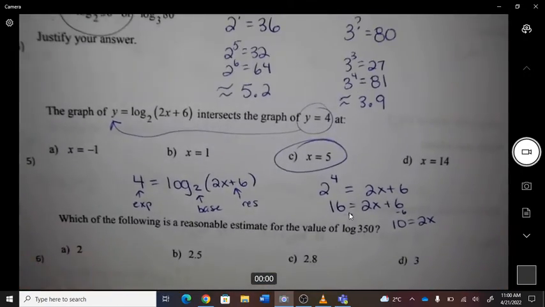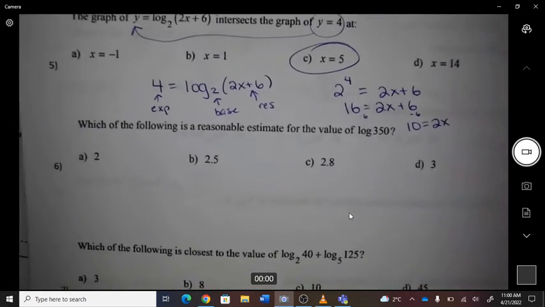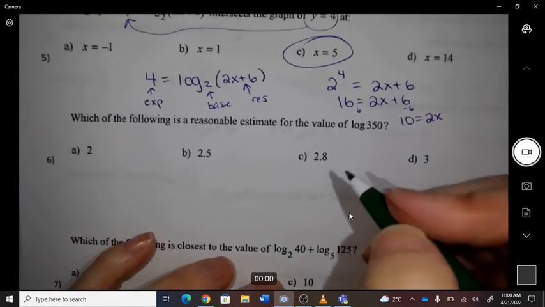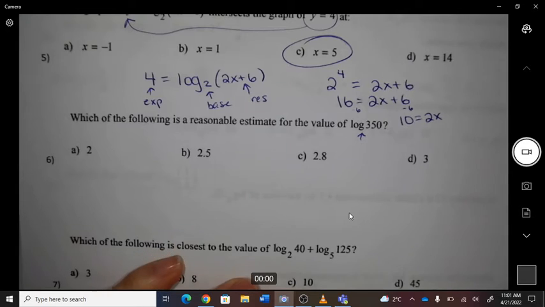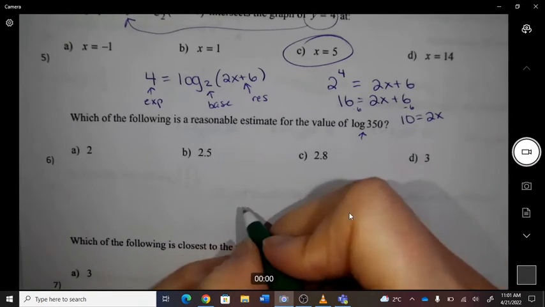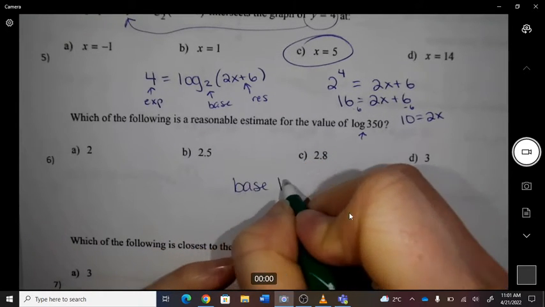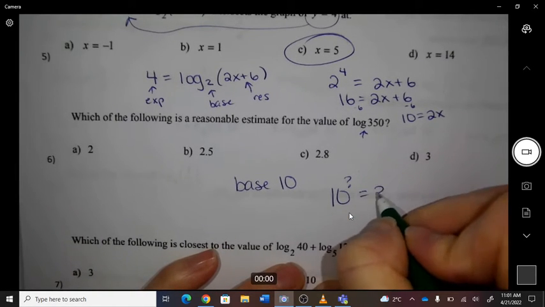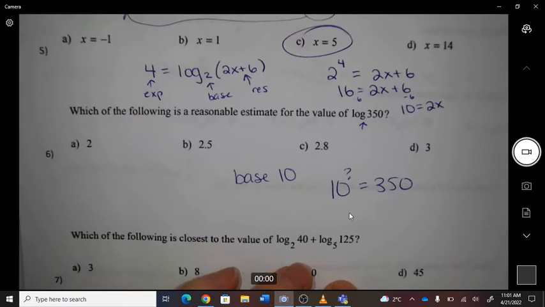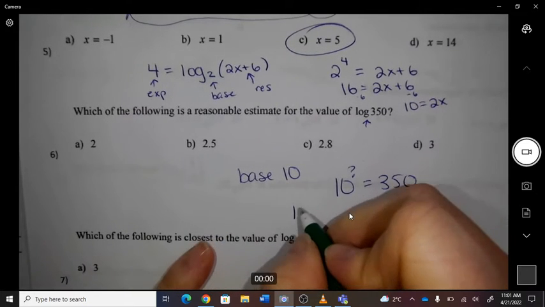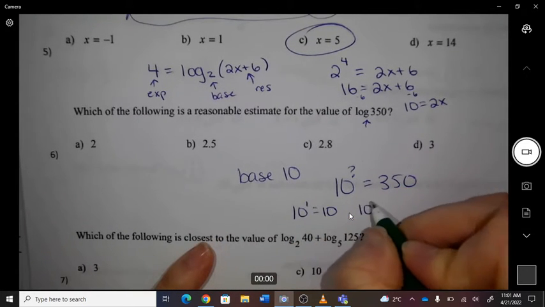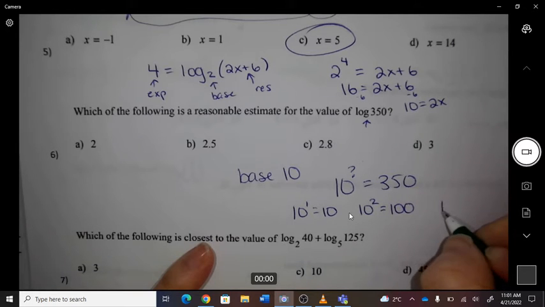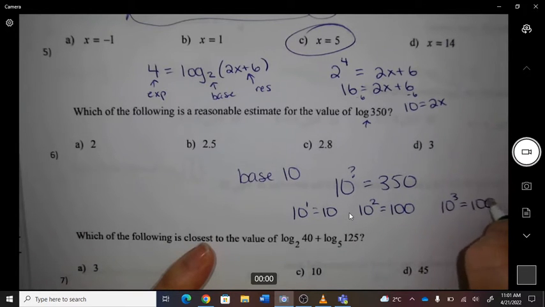Which of the following is a reasonable estimate for this? So remember, when you have a log like that, it's a secret base. The base is 10. So 10 to the what equals 350. I know 10 to the 1 is 10, 10 squared is 100, 10 cubed is 1,000.